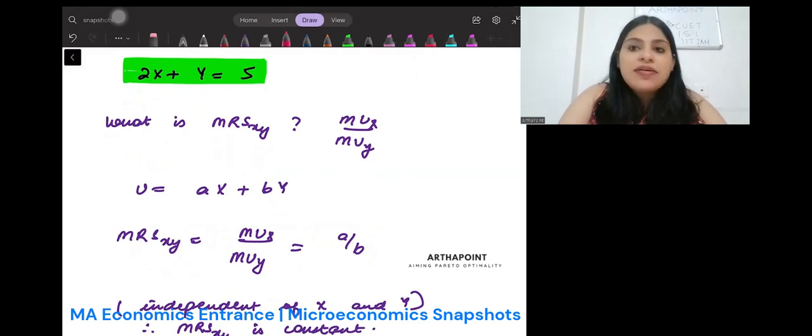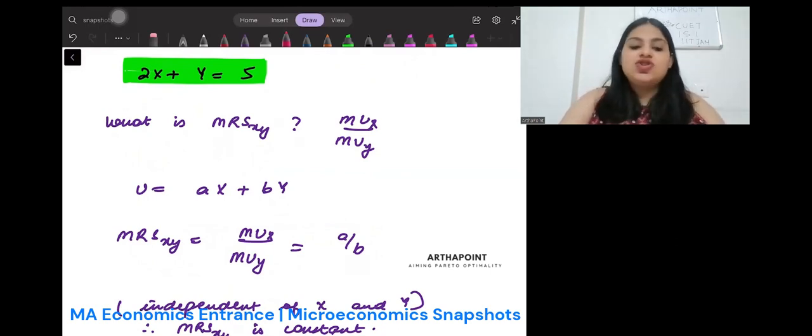We know that MRS is given by MUX by MUY, right? We also know that MUX is just differentiate the function with respect to x. MUY is differentiate the function with respect to y.